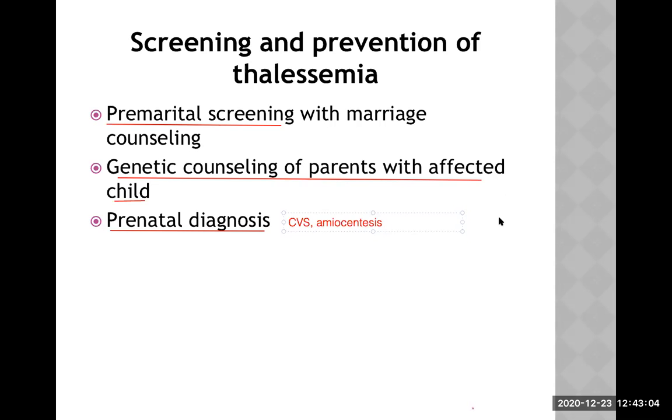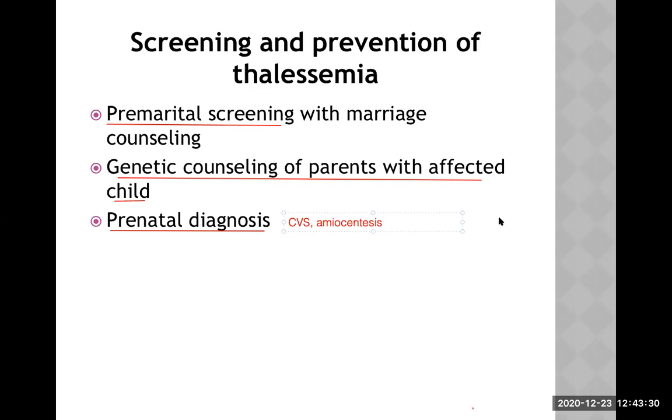And regarding the diagnosis, hemoglobin electrophoresis is the one which will give me the diagnosis. Apart from that, I can go for CBC and peripheral smear examination. Okay, and I can also go for iron profile study. There is excessive iron in the body in this case. Regarding the treatment, there are two types.